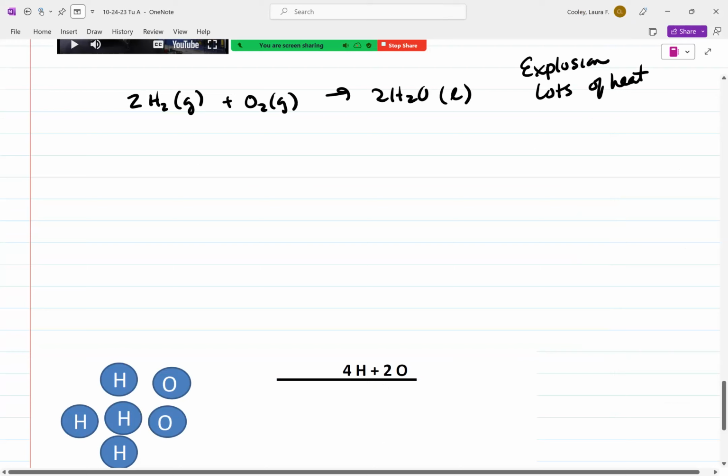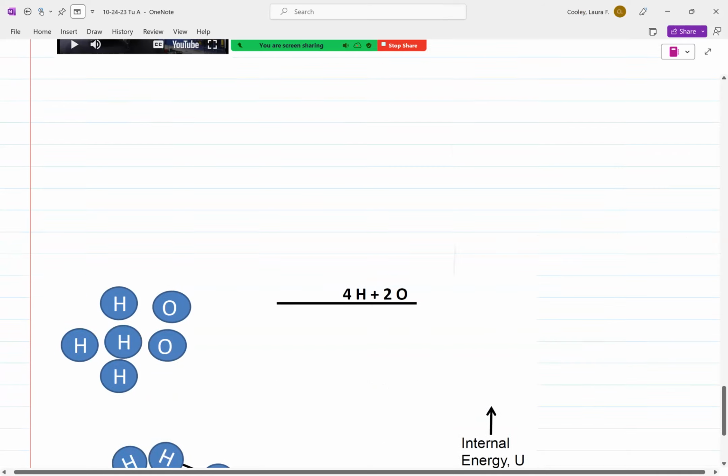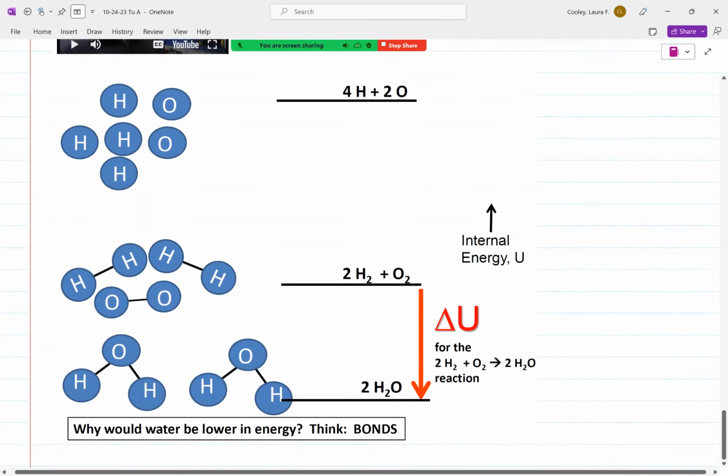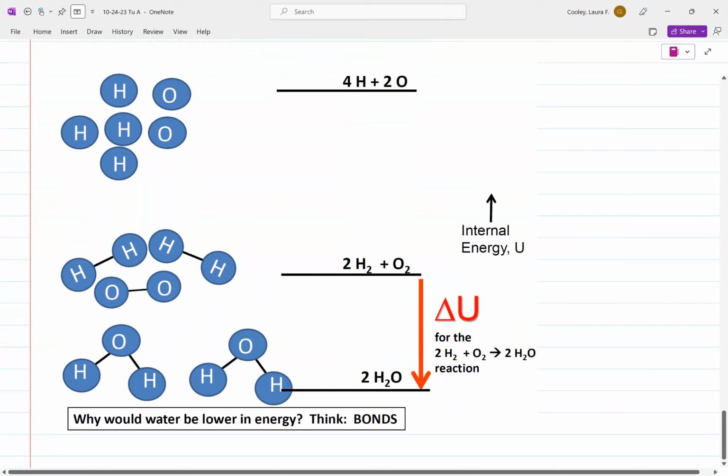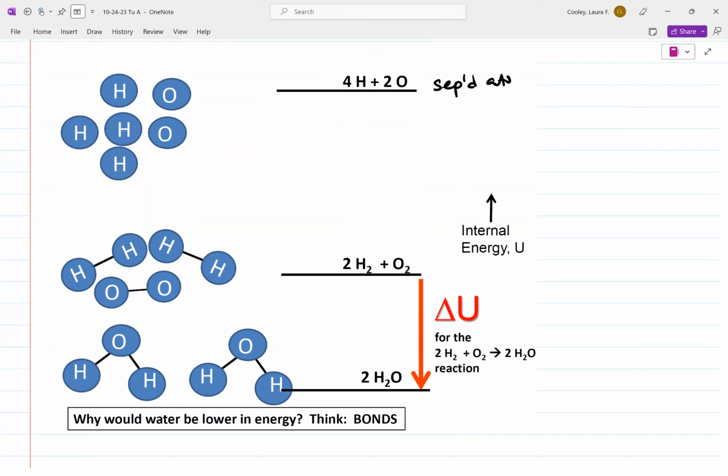So this reaction is definitely downhill. If we go over here and I try to line up how you can have 4 hydrogen atoms and 2 oxygen atoms, you can have them as separated atoms, as H2 and O2 molecules, or in the form of water.